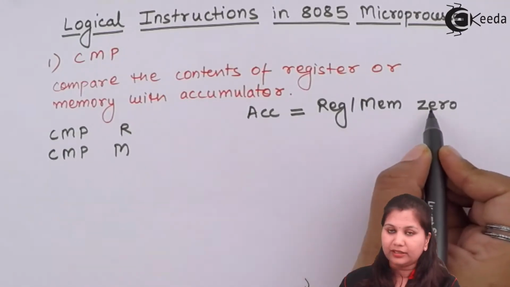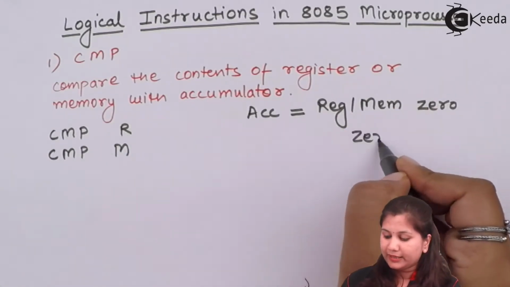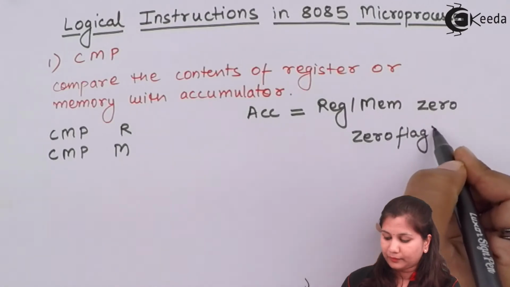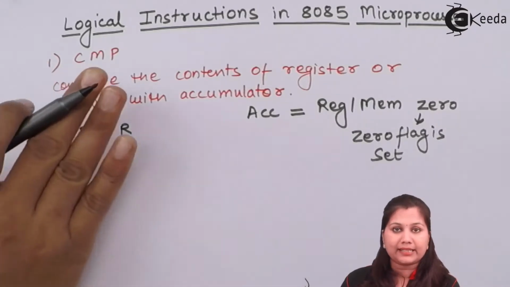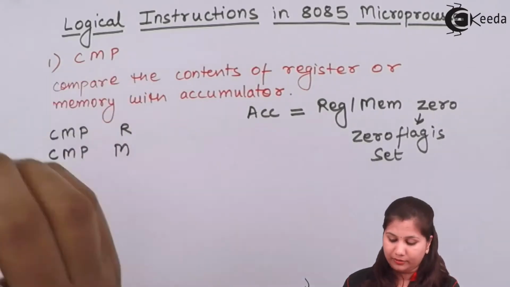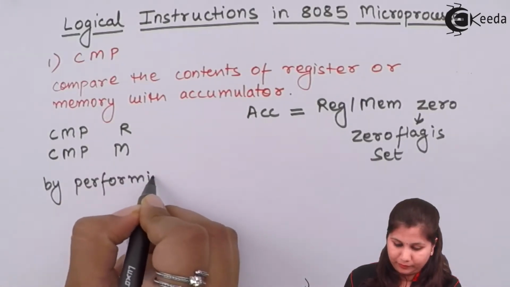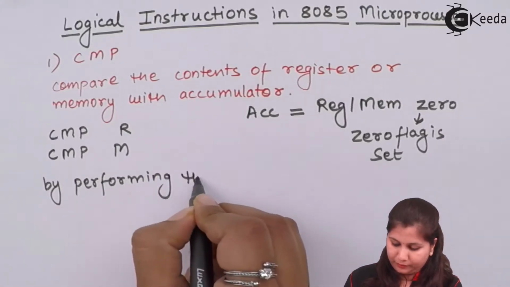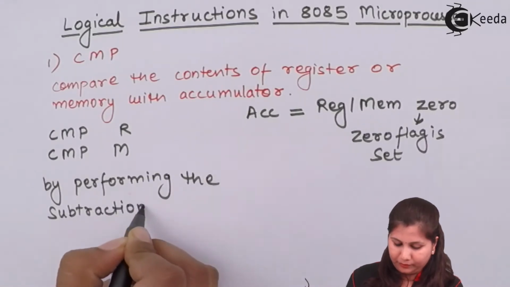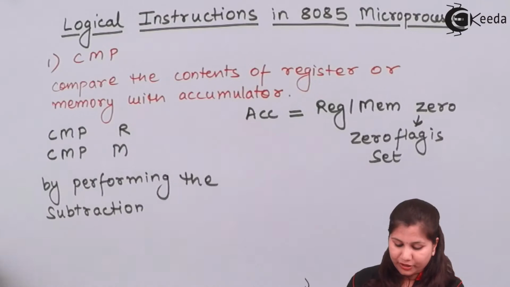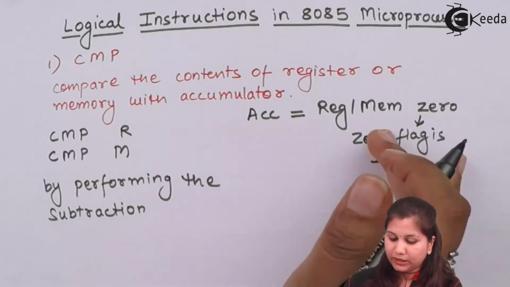When we get a result of 0 after any arithmetic or logical operation, the zero flag is set. So this comparison is done by performing the subtraction, and when subtraction is done, we will see what is the effect on the zero flag.